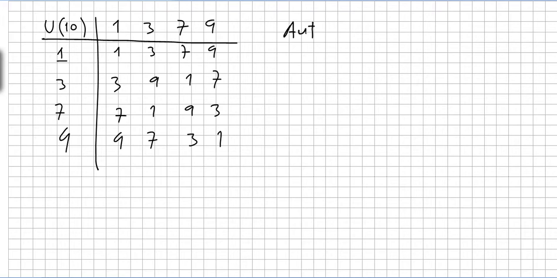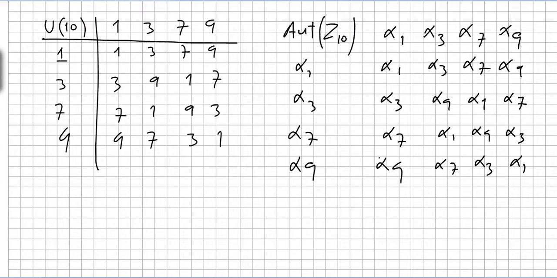Now we just saw the automorphisms of Z10, and that was alpha 1, alpha 3, alpha 7 and alpha 9.